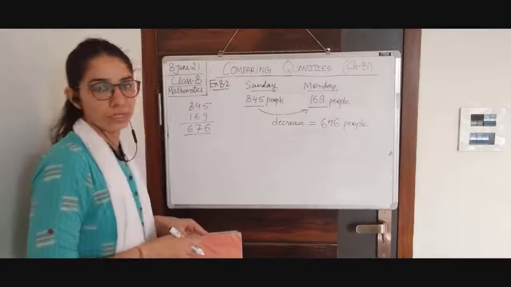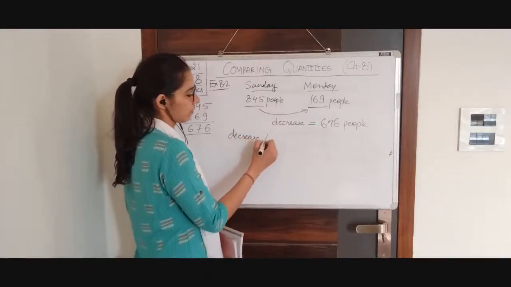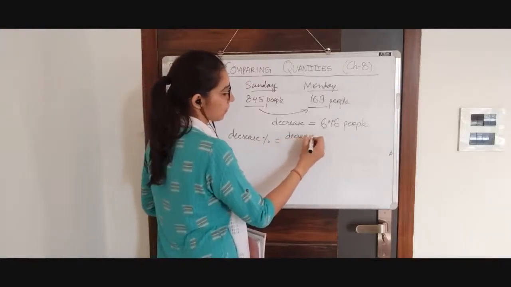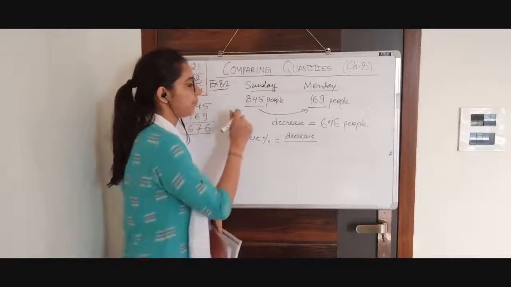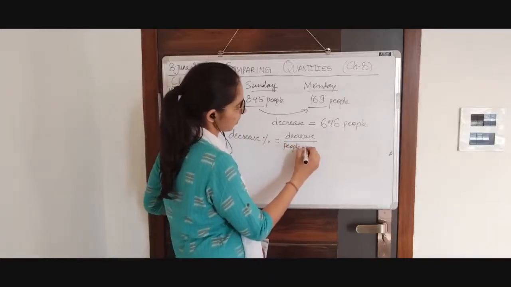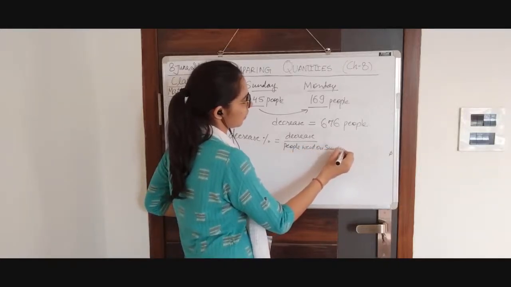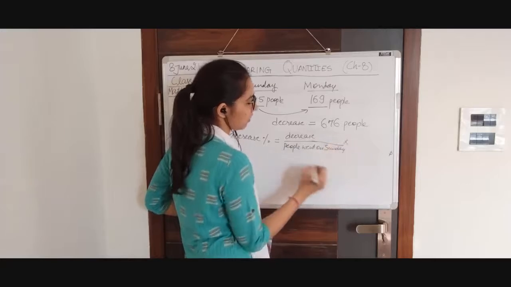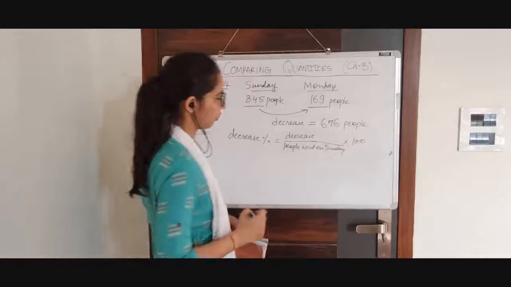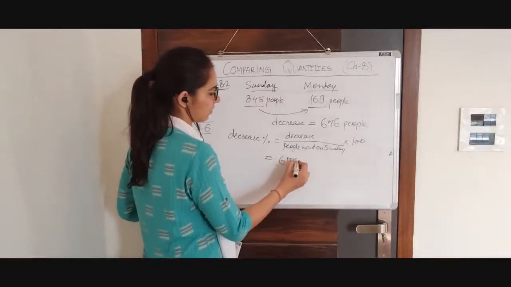You have to find out decrease percent. ठीक है, decrease percent is equal to decrease divided by people went on Sunday. First one, you have to write first one in case of this situation into 100. So decrease कितना है आपके पास? 676.